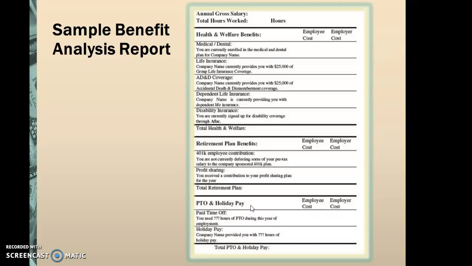They have different categories for health and welfare benefits, retirement plan benefits, and then total PTO and holiday pay. This is a great analysis to do, especially during budget season, in order to make sure they can generate enough revenue along with controlling their expenses to afford to give employees bonuses and possibly even wage increases.